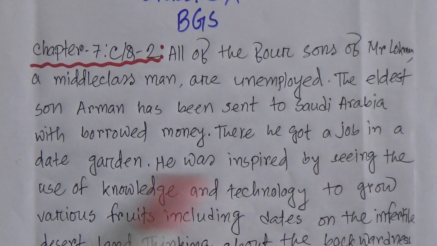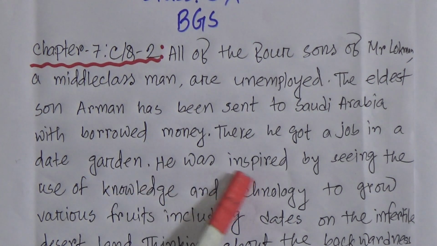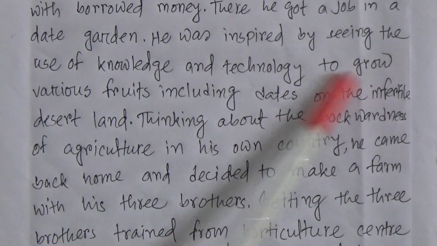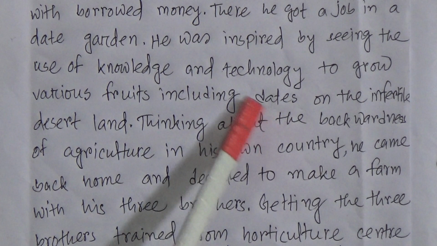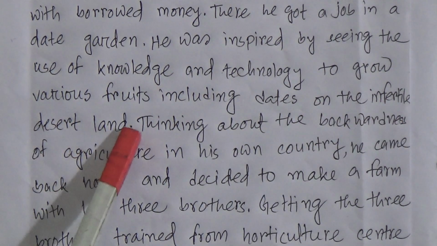There he got a job in a date garden. He was inspired by seeing the use of knowledge and technology to grow various fruits including date in the infertile desert land.